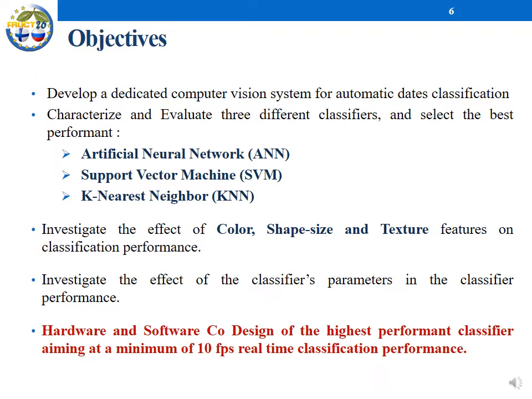In our paper, we tried to develop a dedicated computer vision system for automatic dates classification, to characterize and evaluate three different classifiers and select the best performer. Among them, an artificial neural network, support vector machine, and K nearest neighbor were used. We investigate the effect of color, shape, size, and texture features on classification performance, and the effect of the classifier's parameters on performance.